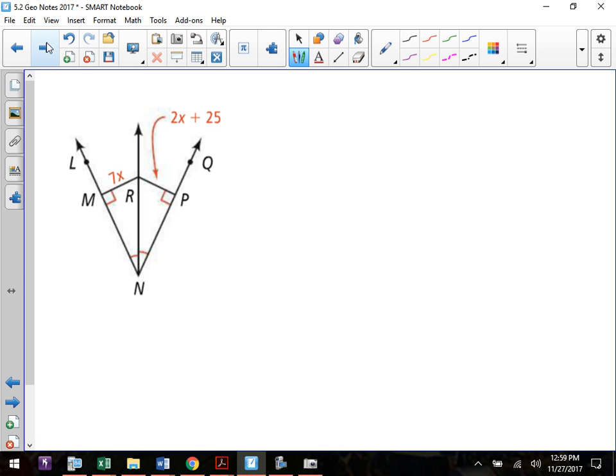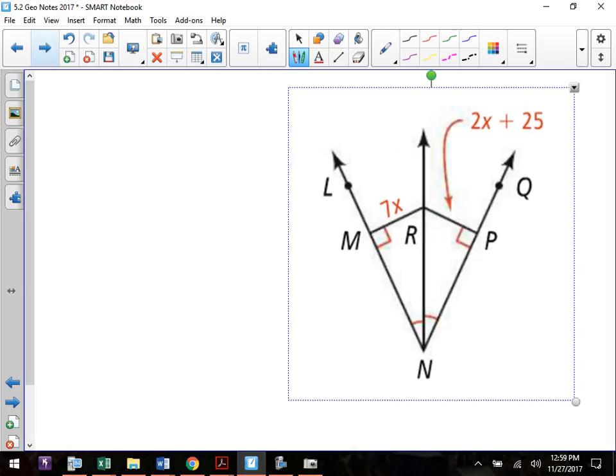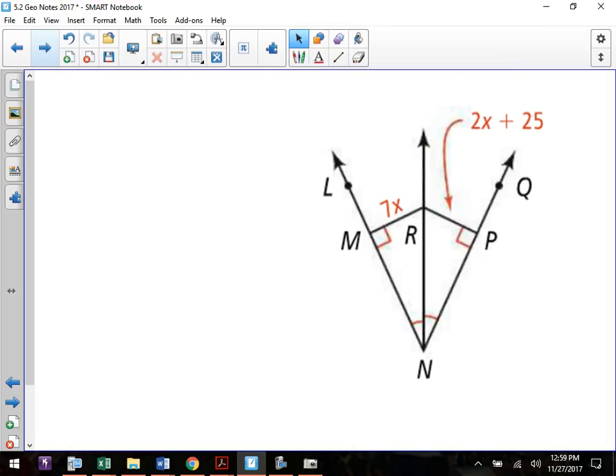For an example, something like this. I guess I can do that while I draw this up.